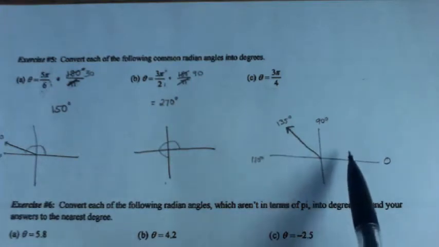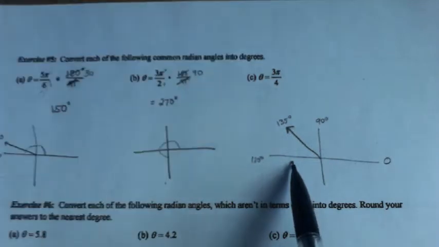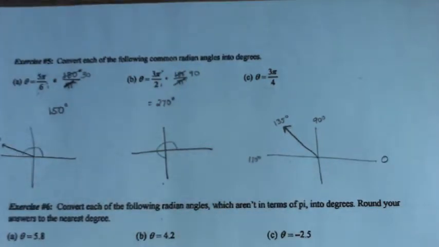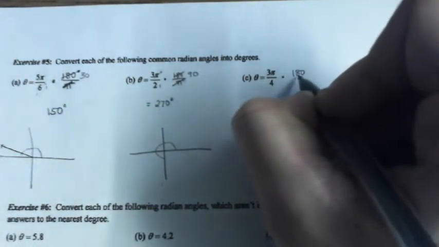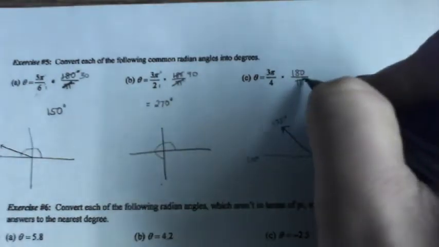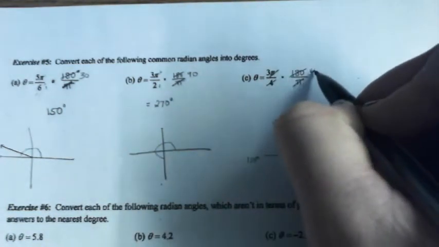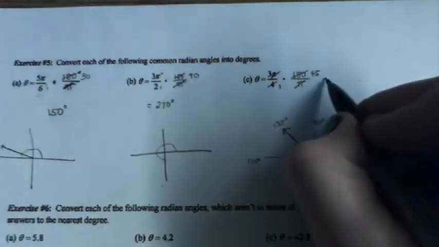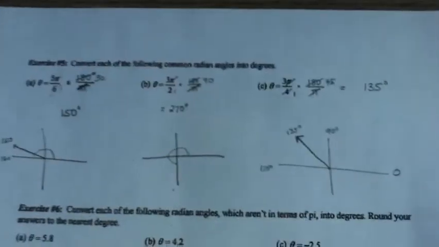And that's 3/4 of the way from 0 to pi, correct? So it should work out to be 135. If you just check it, multiply by 180 over pi, your pi's cancel, your 180 and your 4 become 45 and 1, and 45 times 3 is 135 degrees.